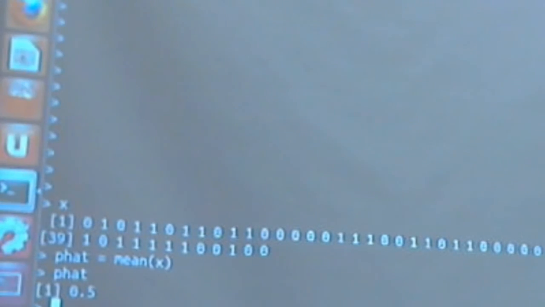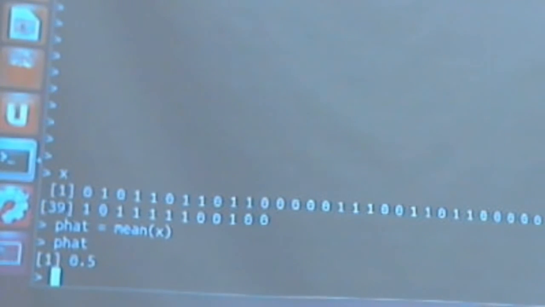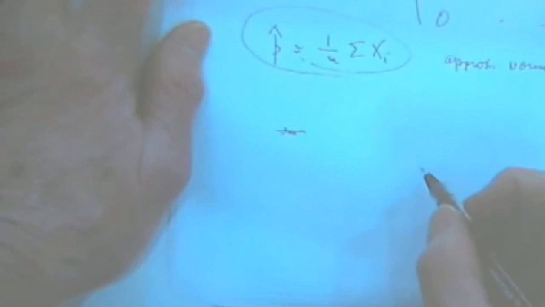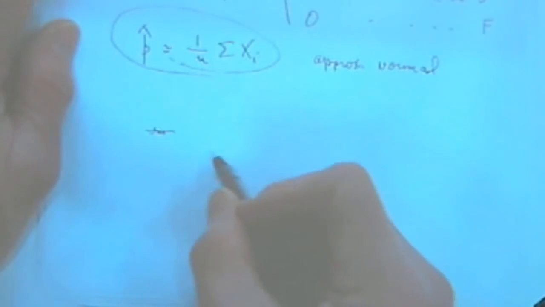You can actually see it from the normal distribution. See, this is an X bar. Let me just do it in general. I don't want to spend much time on this.